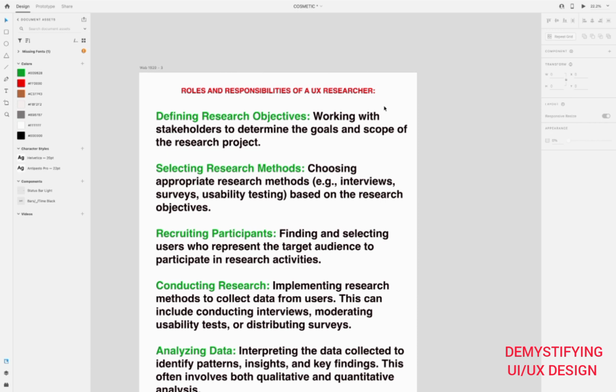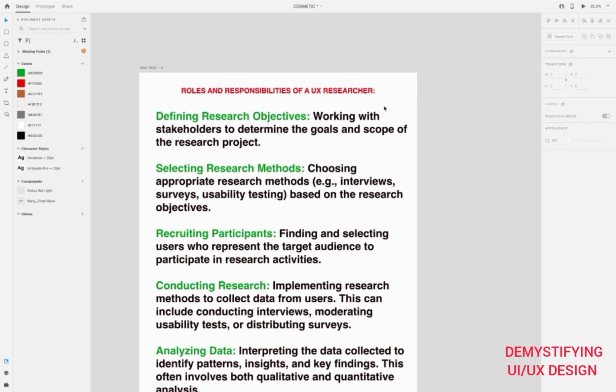Now, the next one is selecting research methods. Choosing appropriate research methods like interviews, like I mentioned, surveys, usability testing based on the research objectives. You can decide to conduct interviews, ask people what they think about this particular product that is coming up, how they think it can work, and what is best for them.